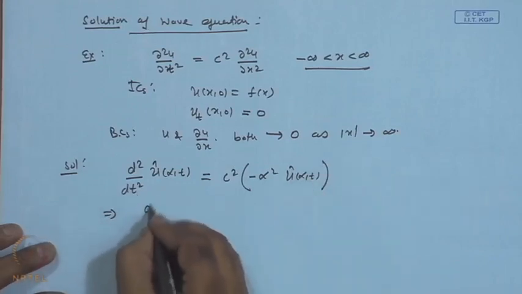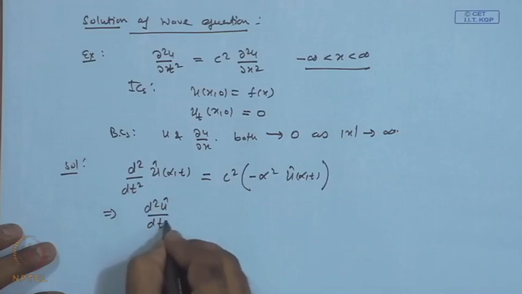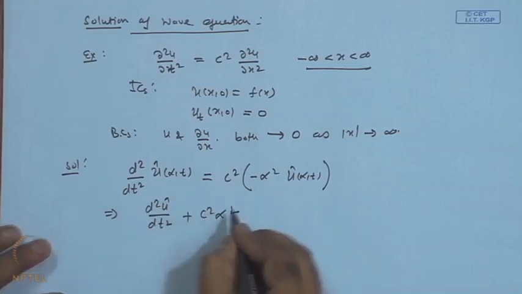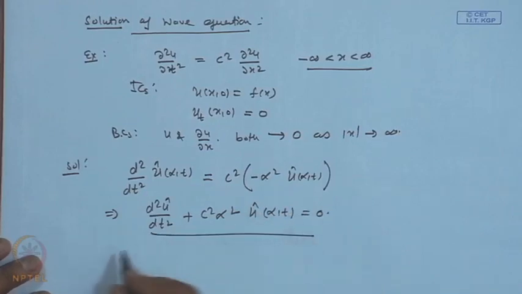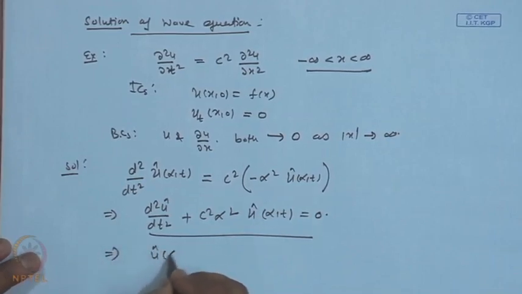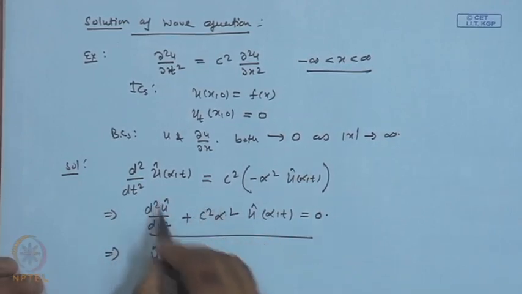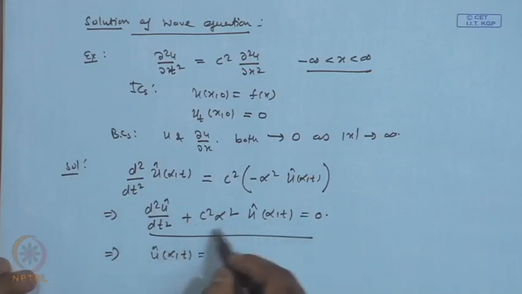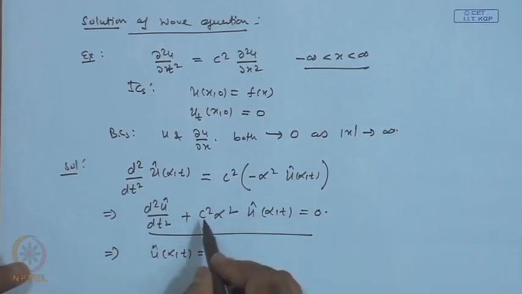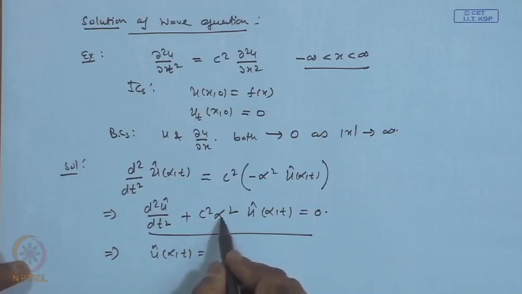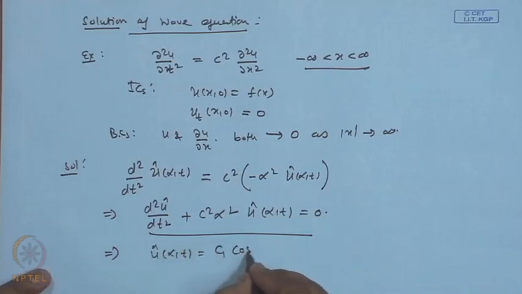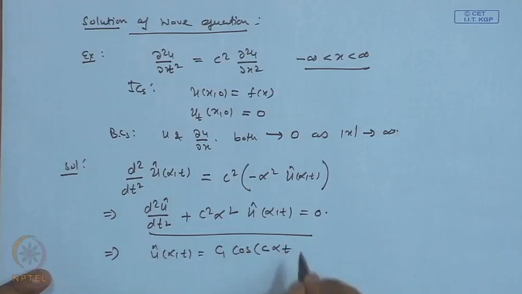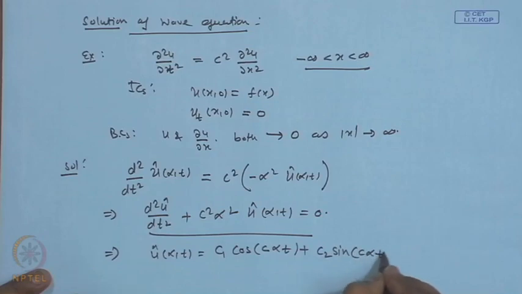So, our equation is d²u hat over dt² plus c² alpha² u hat (alpha, t) is equal to 0, and its general solution one can write: the characteristic equation is m² plus c² alpha² is equal to 0. So, the roots will be plus or minus c alpha i. So, for that we have the solution C1, a constant, times cos(c alpha t) plus C2 sin(c alpha t).